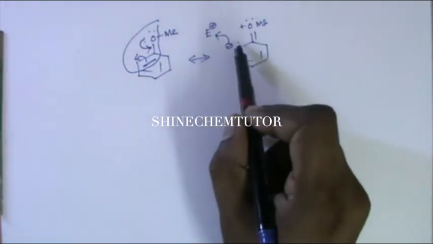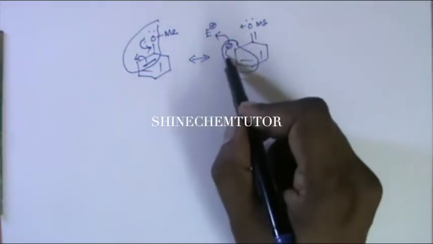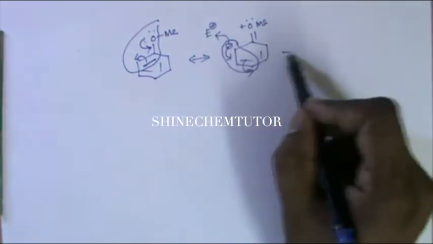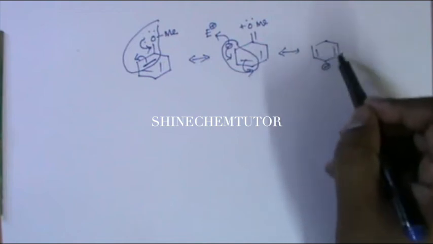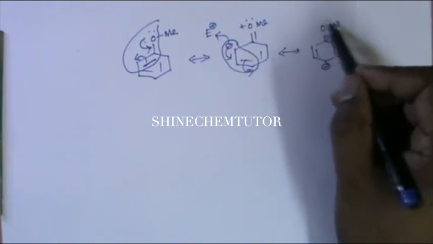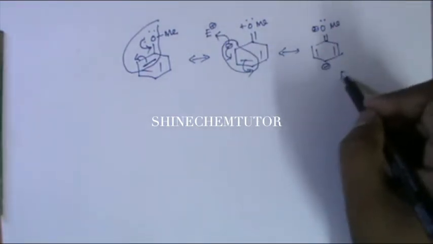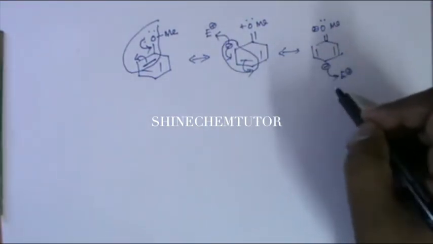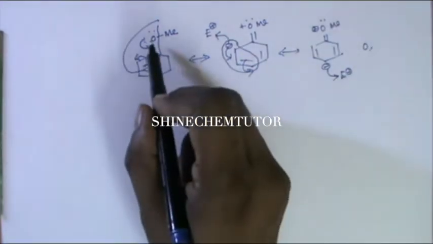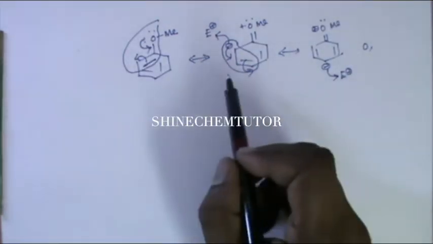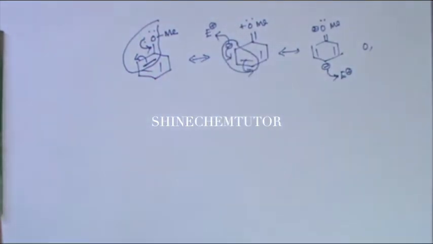If you look at this further, this is an allyl anion. So this may fall here. What we get is the minus charge on this carbon. So again it can attack an electrophile to give the product. So when there is OMe, we get more negative charge on this carbon and the para carbon.